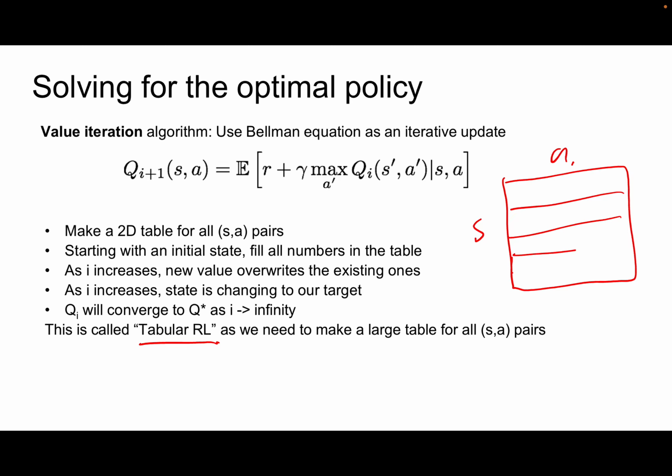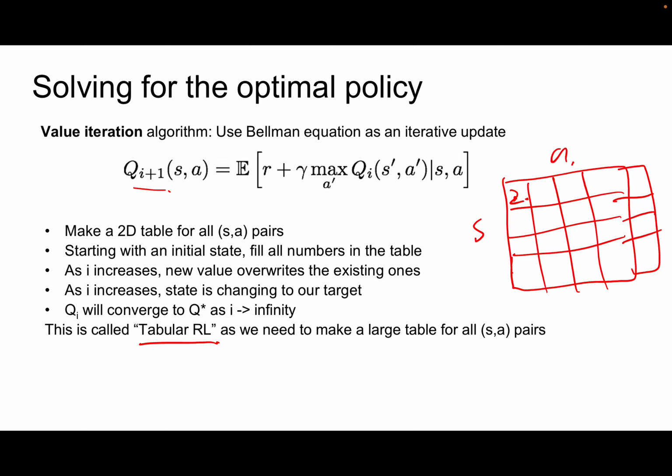We can make a table, and then fill in numbers for each iteration. Make a 2D table for all S and A pairs, starting with the initial state, and fill in all numbers in this table. Let's say this is the initial state, and if you perform some action at the initial state, then we have a Q value, maybe 2, maybe 3.